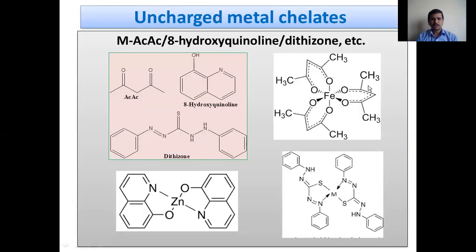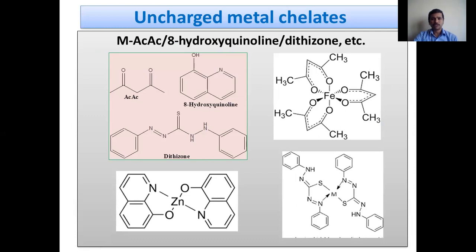So, uncharged metal chelates: I have presented here some typical examples. Metal complexes are obtained by sufficiently hydrating the metal ion in the aqueous phase. We know water is a versatile ligand that complexes with various metal ions, irrespective of their charges.